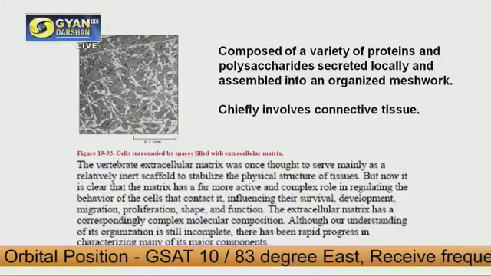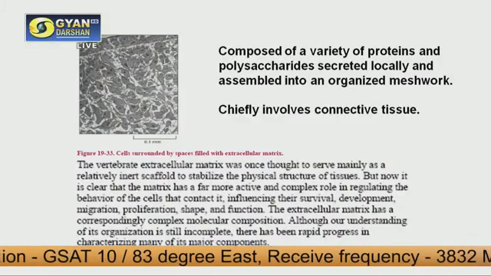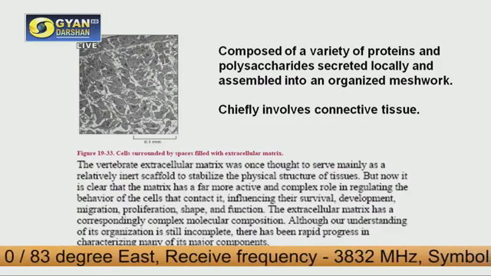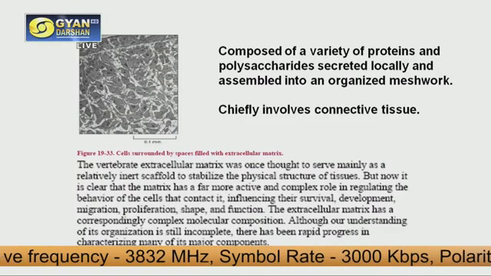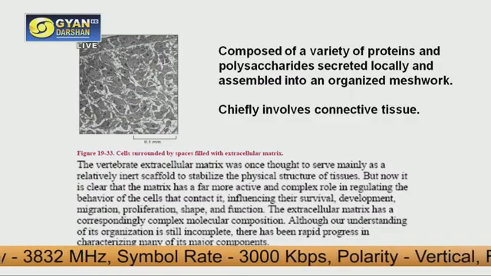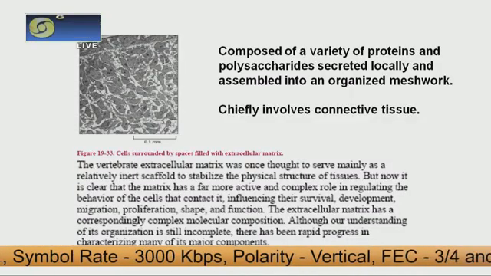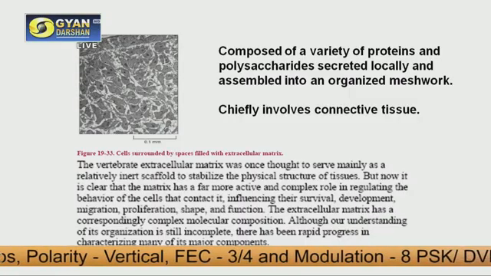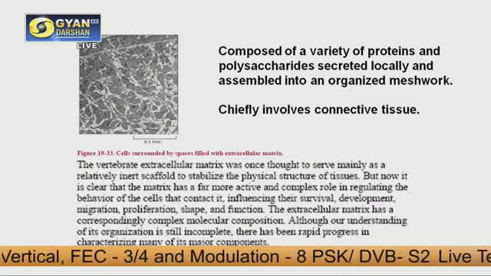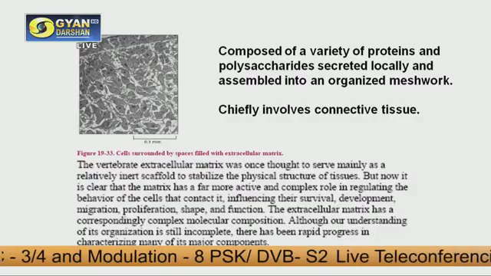If we go to our first slide, it is composed of a variety of proteins and polysaccharides secreted locally and assembled into an organized meshwork. So basically you have two main components which we will discuss. One is the polysaccharides or the carbohydrates, and the second, the proteins.